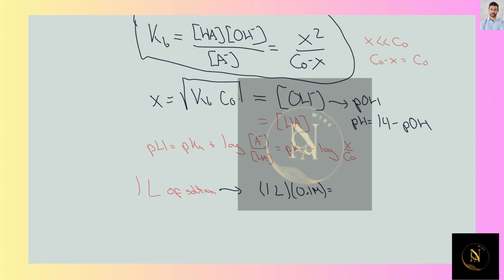It is going to be equal to the volume that I'm going to add of the strong base, OH minus, times the concentration of my strong base, right? So the volume of OH minus that would be required is going to be 0.1 divided by 0.08, so 1.25 liters.